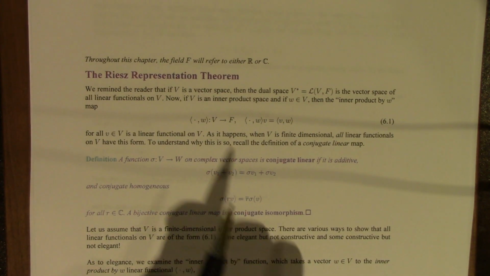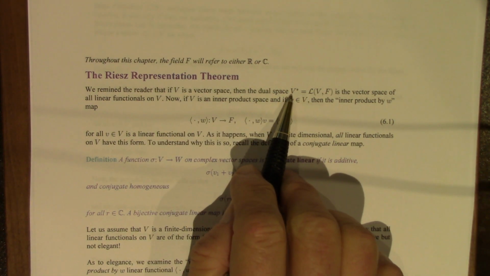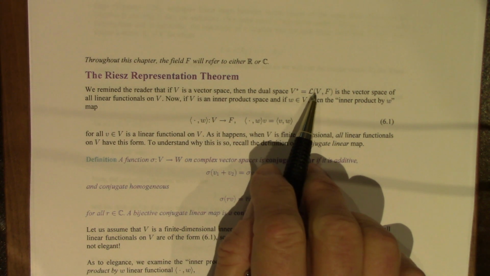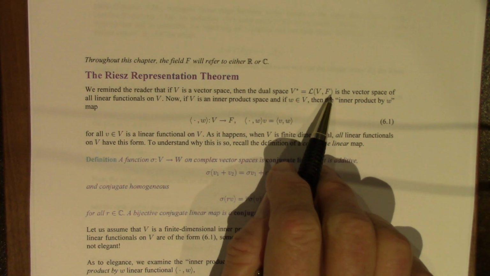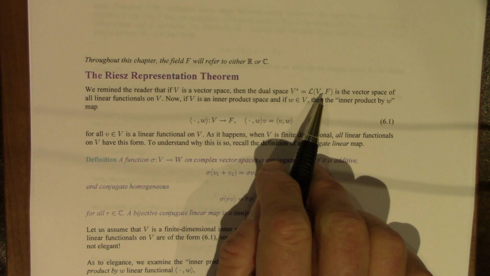Just as a reminder, if V is a vector space, then the dual space V star is the vector space of all linear transformations from V to the base field F, and these are referred to as linear functionals.